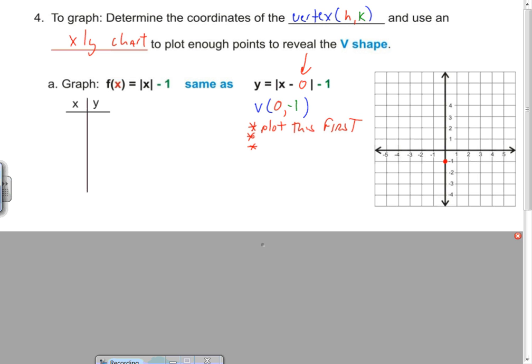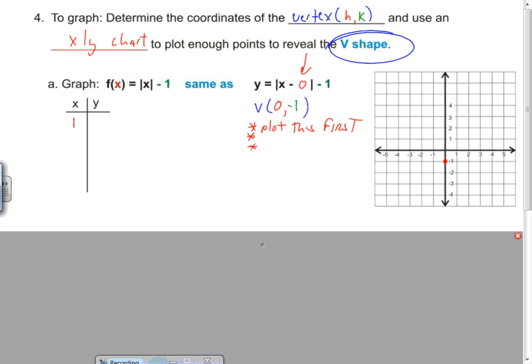Now, class, what shape is an absolute value? Right? Now, I gave it to you here, but remember, we're expecting a V shape. So I'm going to choose a value of X 1 to the right of my vertex. So I'm going to go to 1. And I'm going to figure out my XY chart.